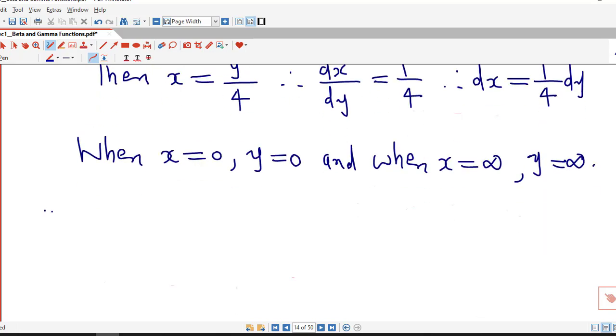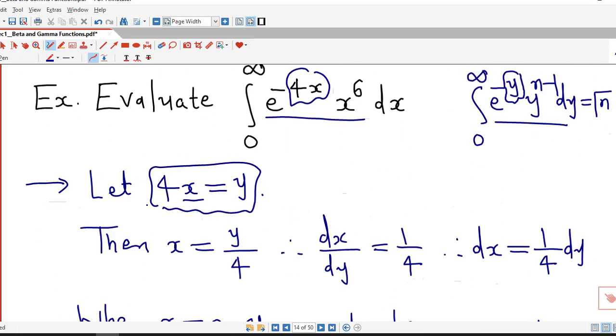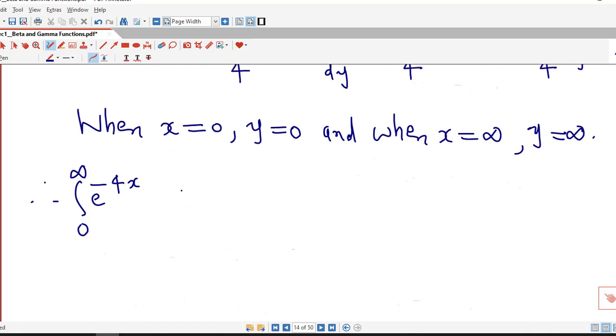Now we are able to convert our improper integral from x to the new variable y. Our integral is e raised to minus 4x, x raised to 6.